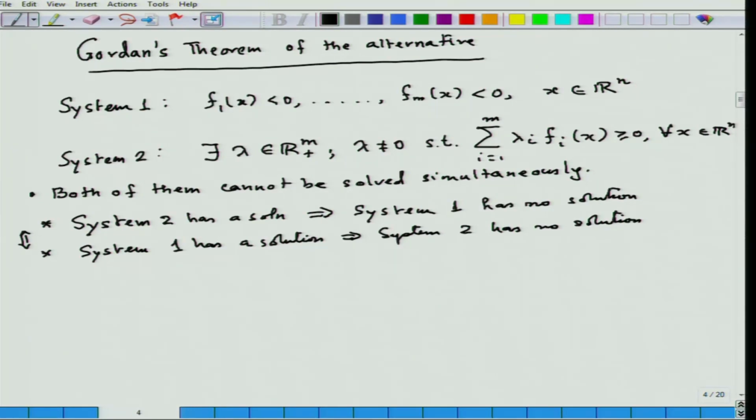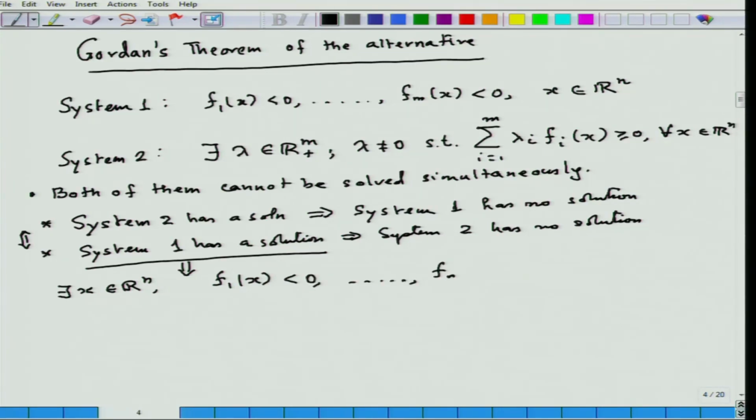So, let me show you that if I take system 1 as having a solution, so if I am assuming this part, this would imply that there exists an x in Rn for which each of these inequalities hold. Now, I have to show that system 2 has no solution.